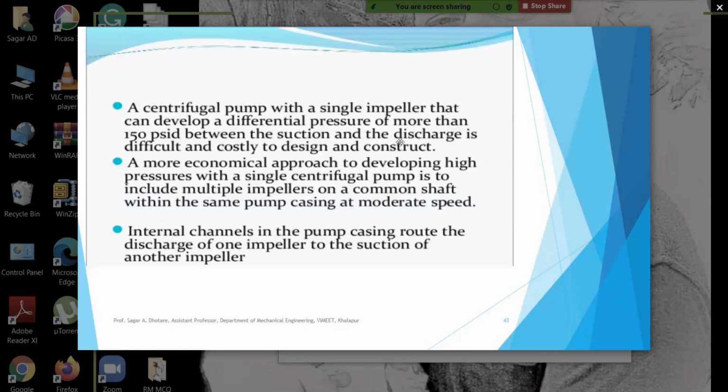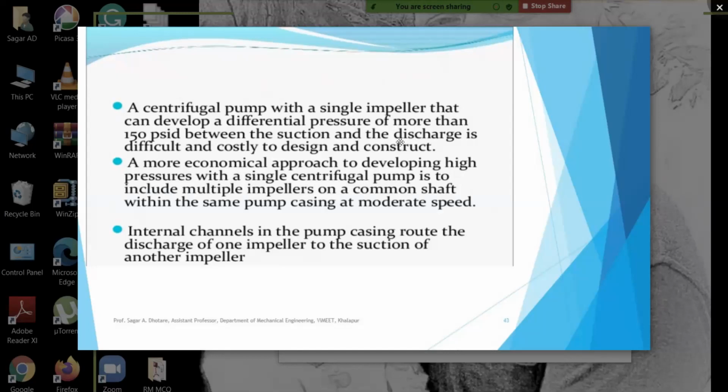A pump with an impeller that develops a pressure difference of more than 150 psi between suction and discharge is very difficult, and the design of that pump is very costly. So for economical purposes, developing a high pressure with a single centrifugal pump is very difficult.